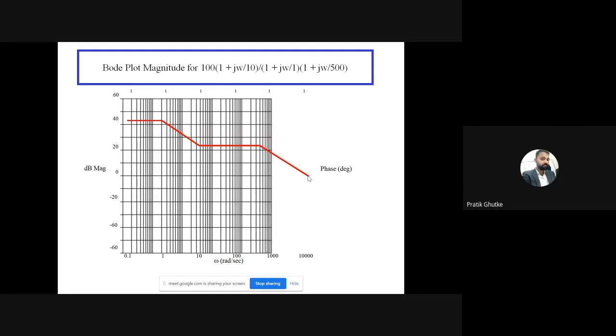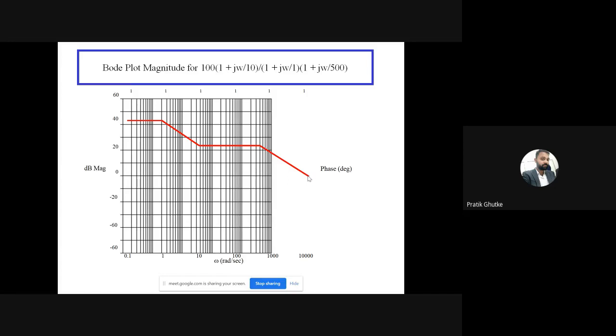First of all, the transfer function is made into standard form or also in j omega form. What is the standard form? Standard form means it should deal with 1 plus j omega by 10, 1 plus s, 1 plus s. This is your standard form. 1 plus s by z1, s by z2 like this, and in the denominator, 1 plus s by p1, 1 plus s by p2 like that.